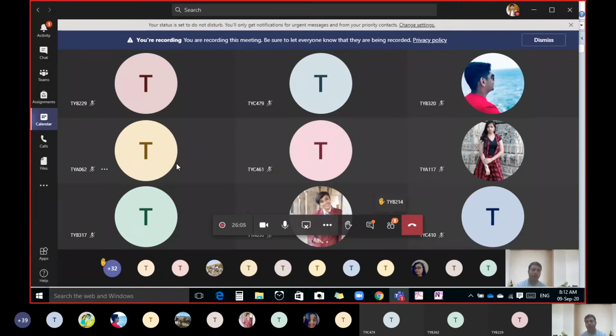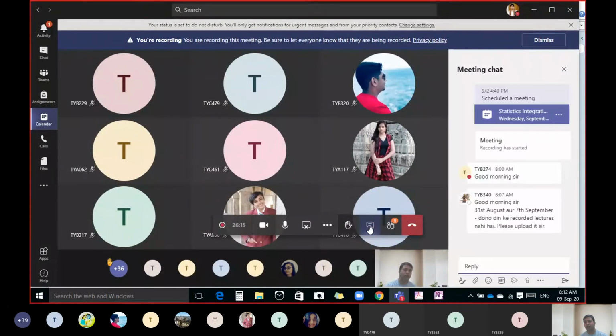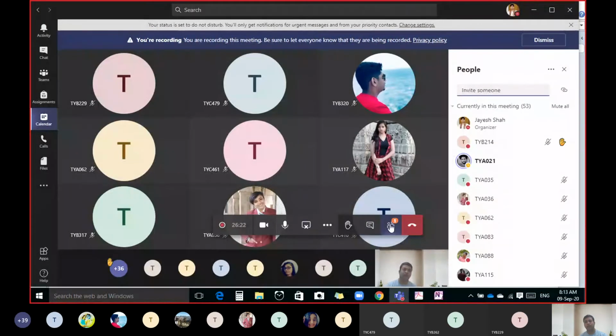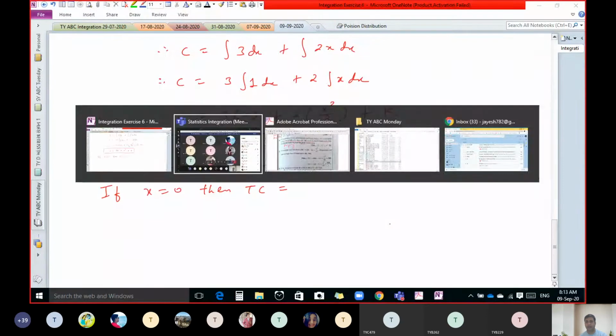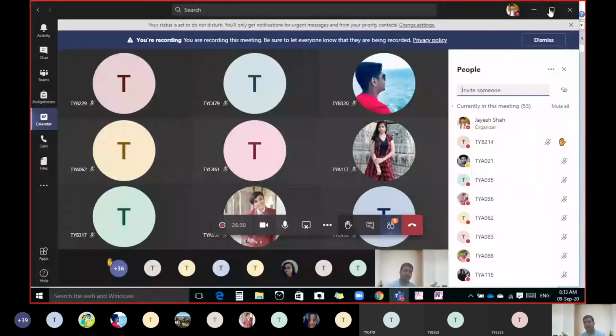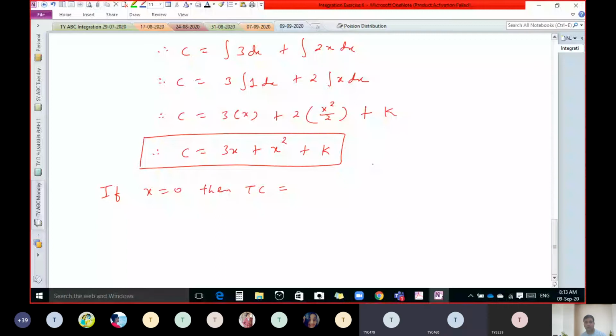If x is 0, what is our total cost? K? No, it is not K. Zero? No, it is also not 0. Think.